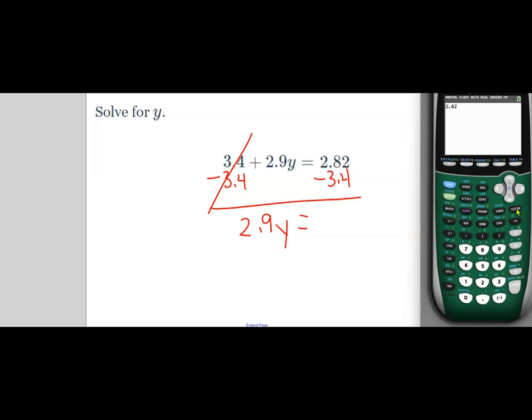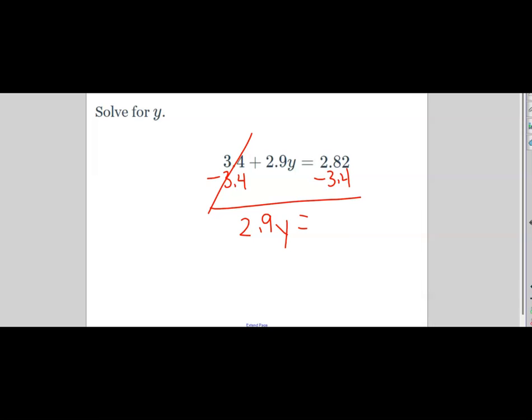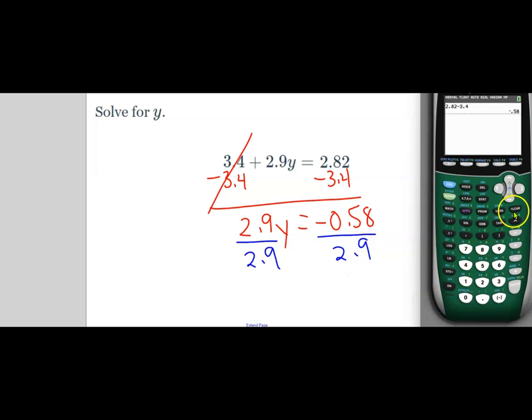2.82 minus 3.4 is negative 0.58. Divide both sides by the coefficient and pick up your calculator. Negative 0.58 divided by 2.9. Oops, I'll try that again.